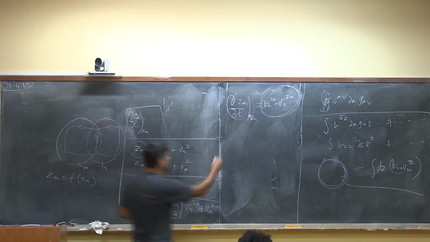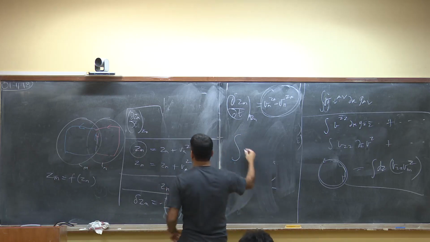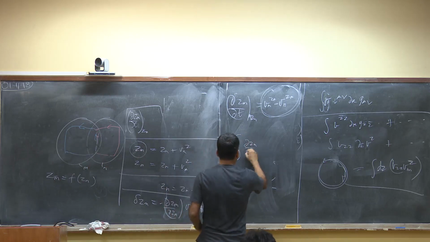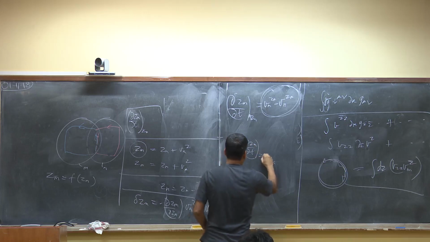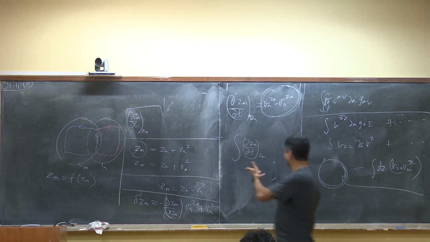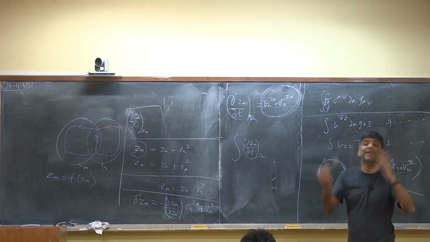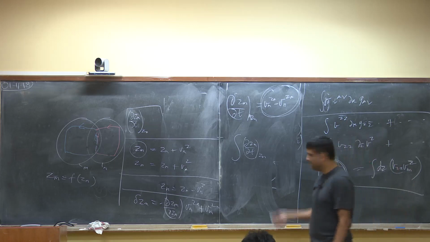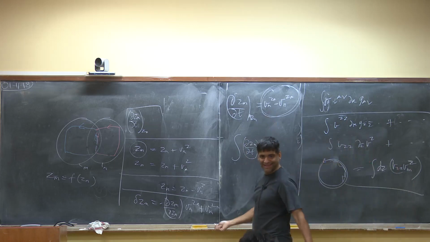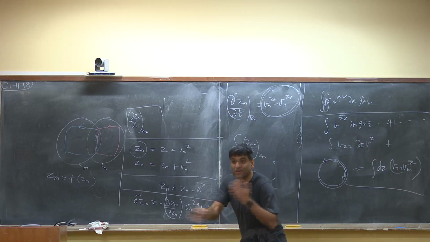The thing that we're integrating is the integral of del Zm by del T at Zn, which looks very non-symmetric between M and N. But when you write it in the right way, it's just the difference between the two vector fields, so it doesn't matter in which order you put it.